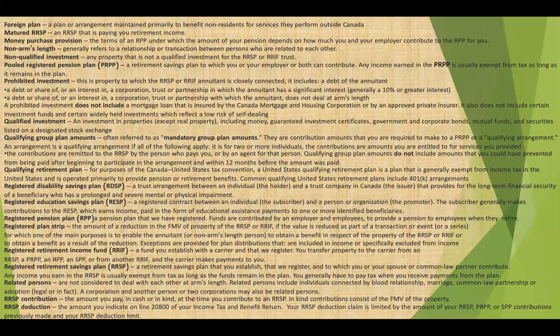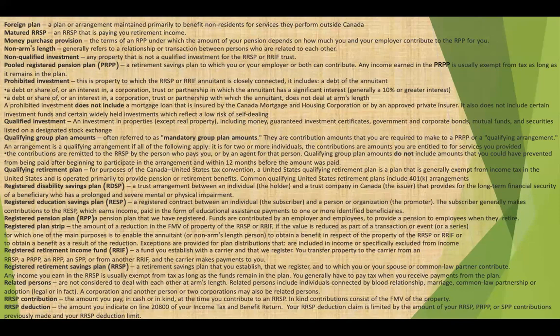So registered disability savings plan, RDSP, a trust arrangement between an individual and a trust company in Canada. Registered education savings plan has a registered contract between an individual and a person or organization.